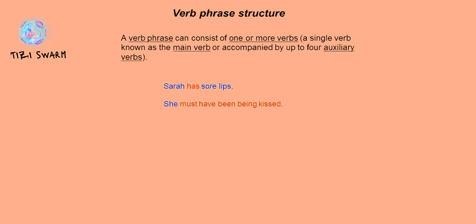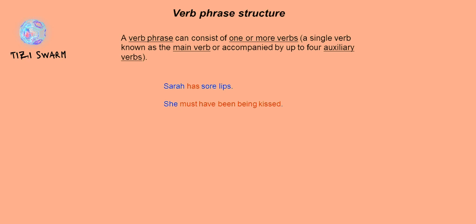In terms of how verb phrases are made up, we said that it can consist of a verb. Well, actually it can consist of several verbs. So that means there's got to be a main verb there, but it can be accompanied by up to 4 auxiliary verbs. So auxiliary verbs, we can also say helping verbs.